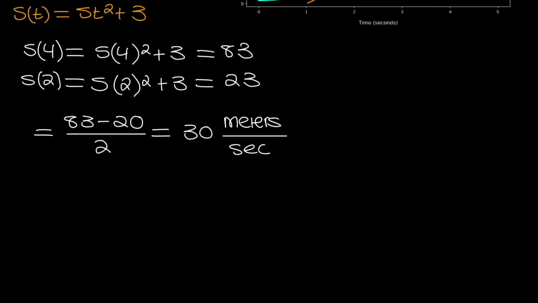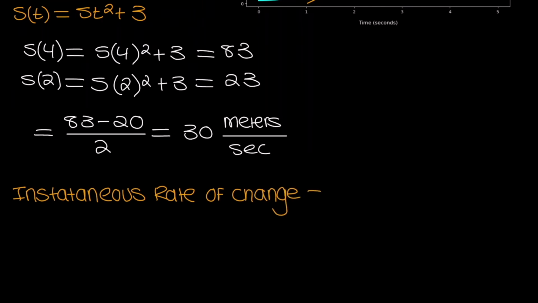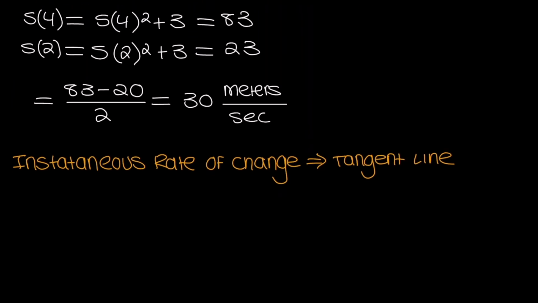So the instantaneous rate of change, which is associated with a tangent line, what we can do is just take a point right next to it.